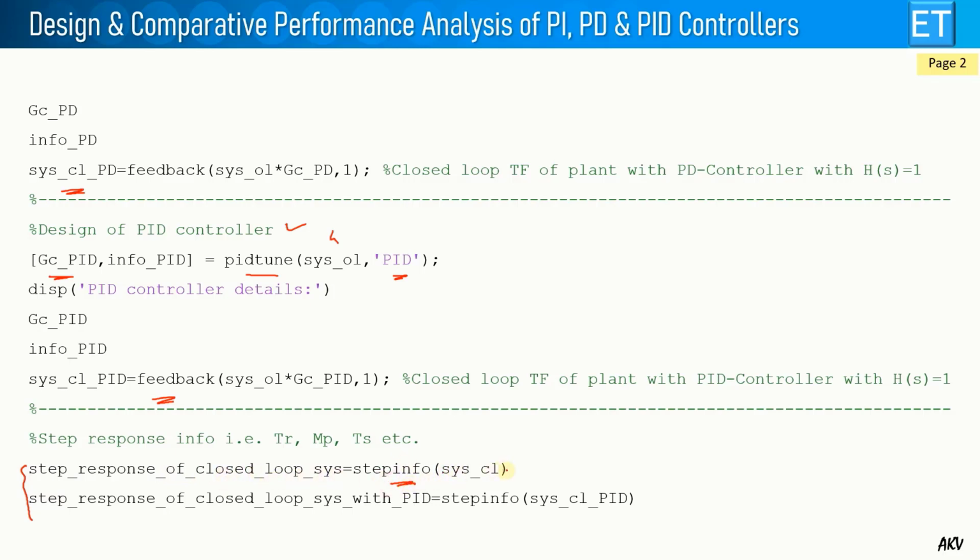So here when this is executed, you will see all the step response attributes such as rise time, peak time, maximum overshoot, settling time, etc. All the related information in the workspace for the closed loop system without controller and the closed loop system with PID controller.